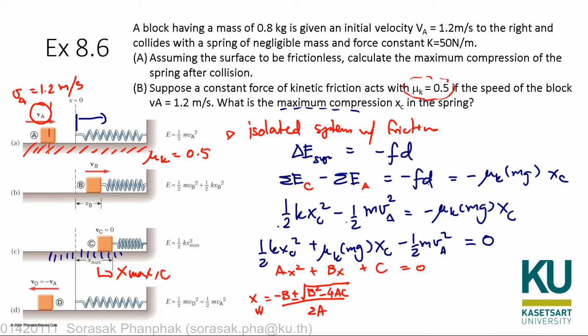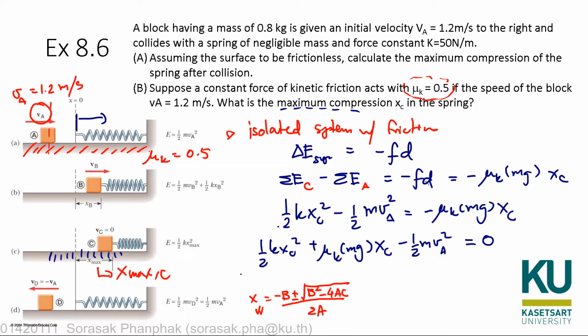I will substitute all the values in just to show you how to derive it. If you don't want any coefficient for a, you can divide by 1/2 k, but I will substitute it all in.